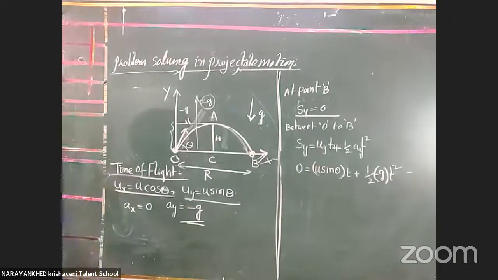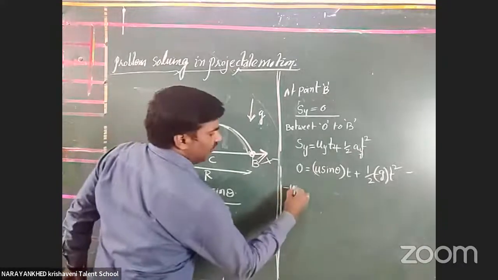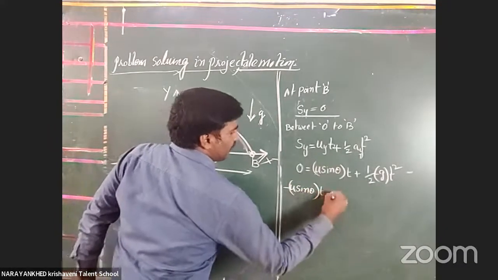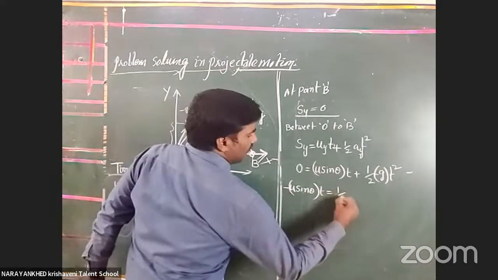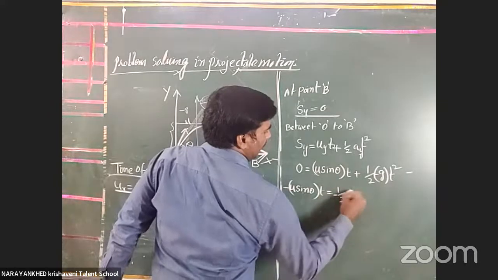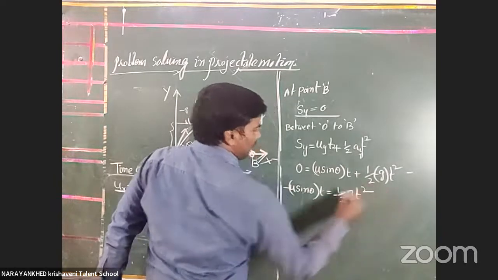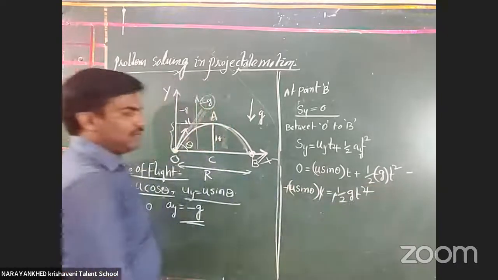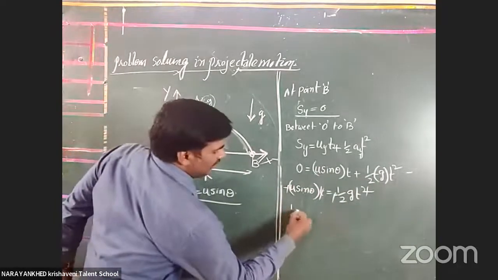Now it is written as minus U sin theta into T is equal to half into minus g T square. The minus and minus cancel each other, and T and T cancel each other. What is remaining here?